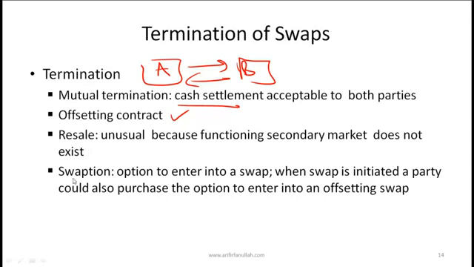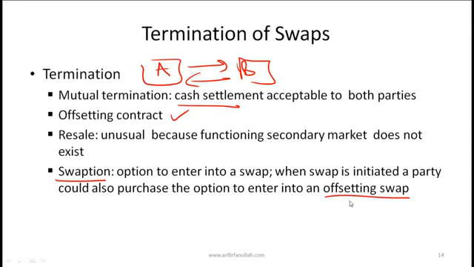And finally, you could use a swaption. Now this is fun to say, but I don't think we need to get into too much detail on this in level 1. All you need to know is what is mentioned on these 2 lines. A swaption is an option to enter into a swap, and what you might do when you've entered into a swap is also purchase a swaption for an offsetting swap.